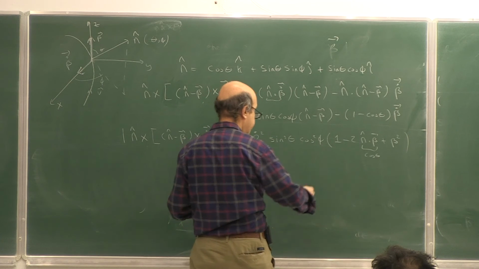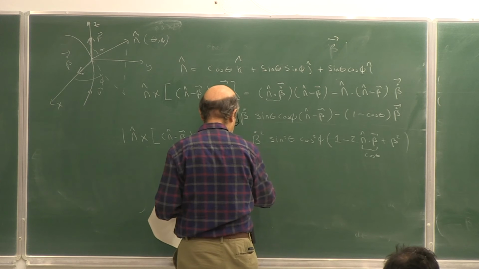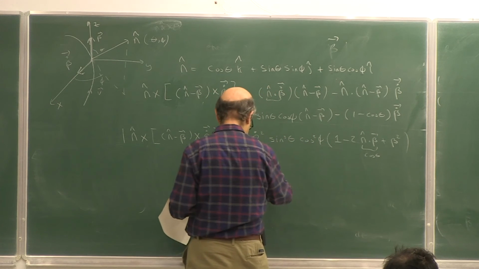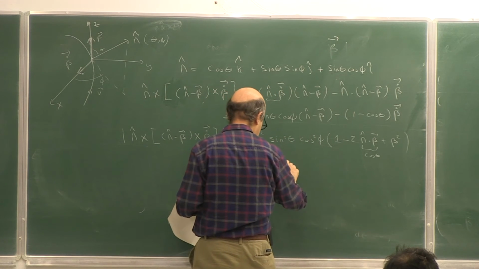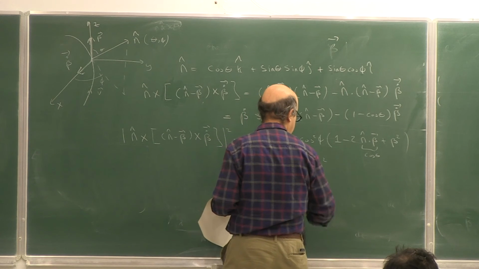And then you have the square of the second term, 1 minus cosine theta square beta dot square.